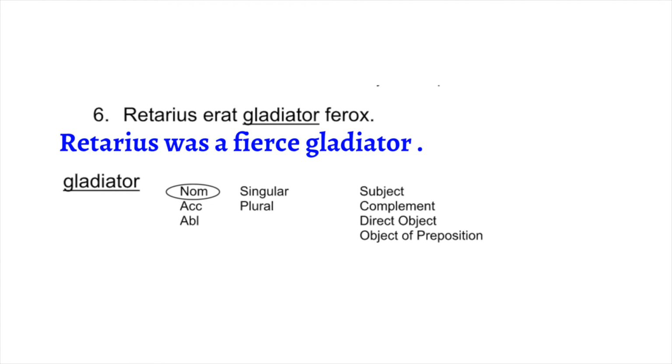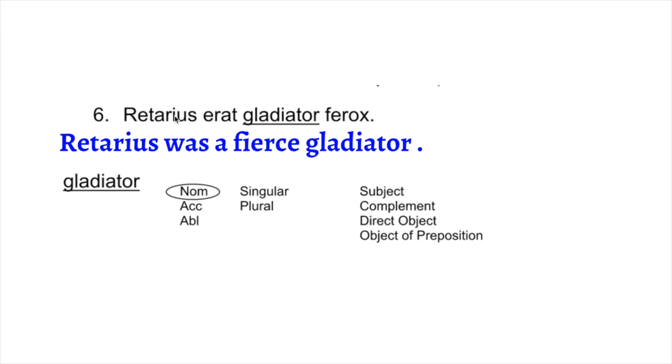Isn't Retiarius the subject? That's because erat here is our linking verb. And gladiator is also in the nominative case. But it's not the subject. Retiarius is the subject. But gladiator is the complementary nominative that complements Retiarius. It helps describe the subject.